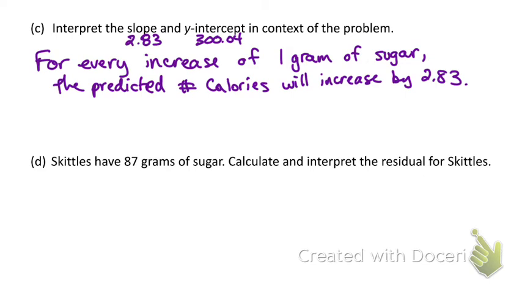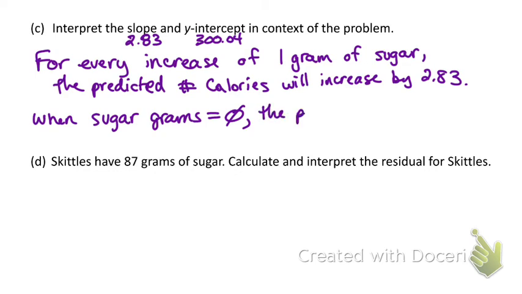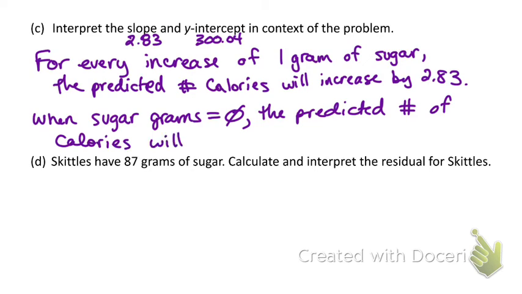All right, how about for our y-intercept? When sugar grams equals 0, so that's just when x equals 0, the predicted number of calories will be 300.04.